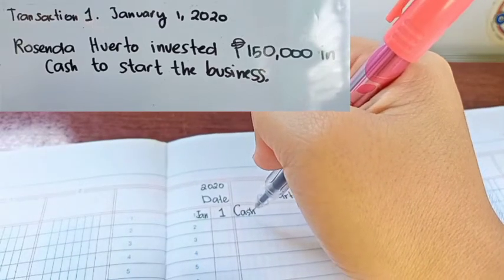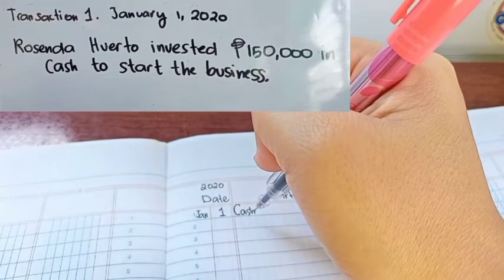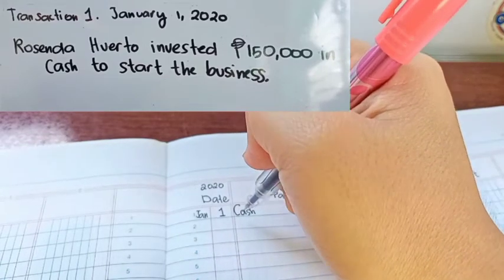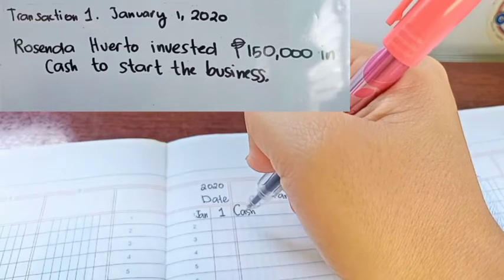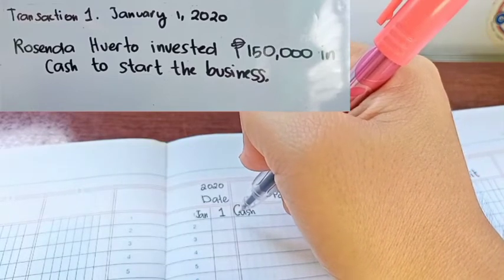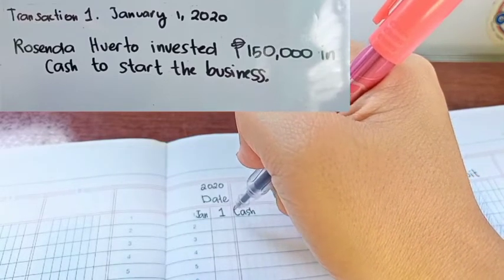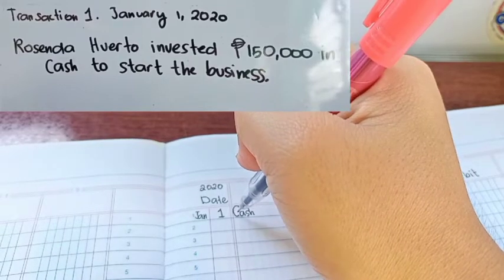Students, please be reminded: when you write your debit accounts, cash is an account, and it is placed on the debit side, so it should be written right here.